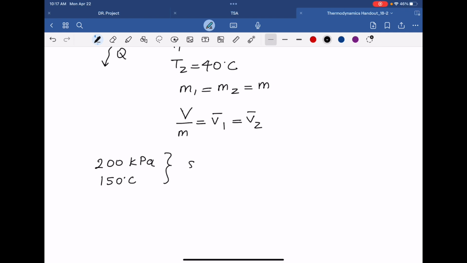When you look at the tables, you will see this is a superheated water vapor. Now you look at the superheated tables to read a specific entropy. You can also read the specific volume.